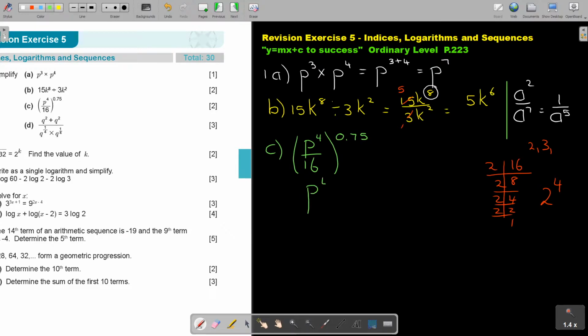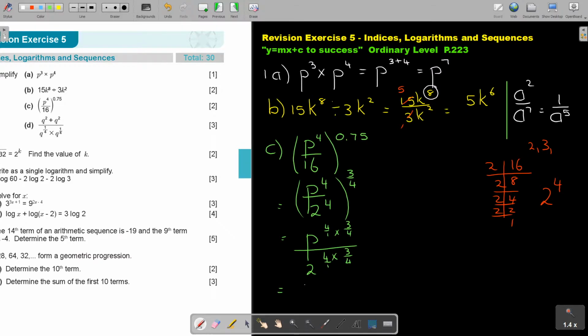So it's p^4 over 2 to the power of 4, and if you make that a vulgar fraction, it's 3/4, because then it's easy to see.